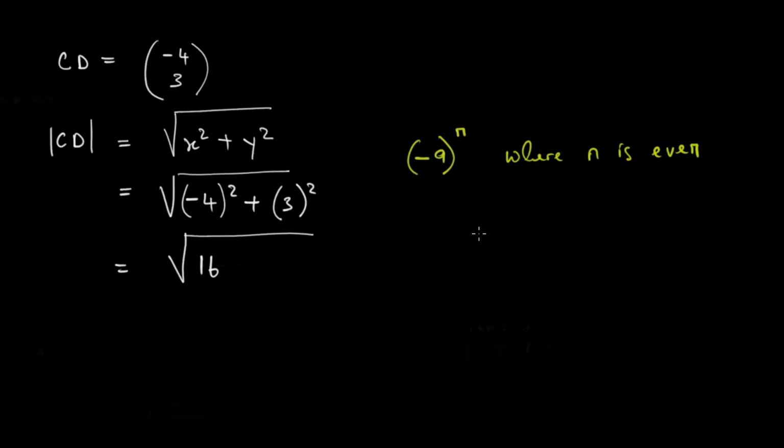Kana iri even, our answer is going to be a positive. So minus 4 squared, our answer is a positive. As kana n ari odd, kana n ari 1, 3, 5, 7, 9, when n is an odd power, we are going to get a negative answer. So panapa we get a negative answer.